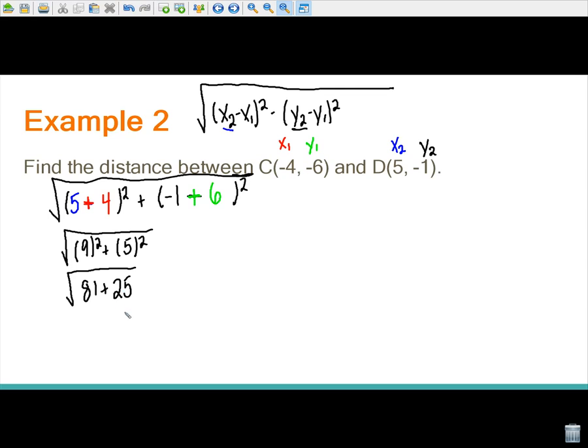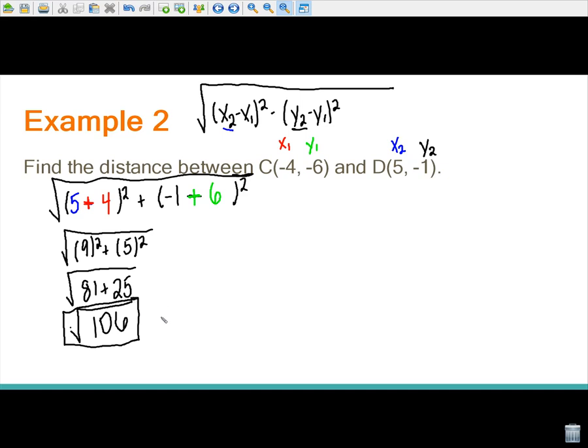Okay, so far we have the square root of 81 plus 25. So let's go ahead and do 81 plus 25. If we add those two together, that's going to be 106. I know off the top of my head that 106 is not a perfect square. So you could go ahead and box this answer if you wanted to.